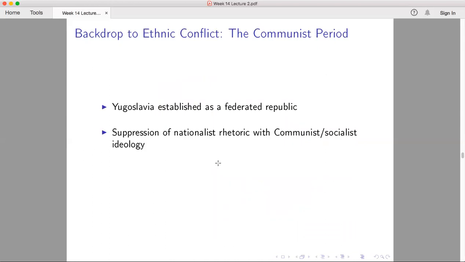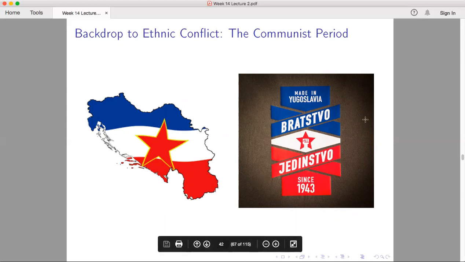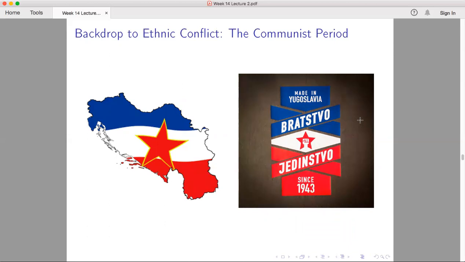He explicitly suppresses nationalist rhetoric and replaces it with a communist and socialist ideology that is meant to unite the country as one. So on the one hand, like I said, Yugoslavia then becomes one singular territory with its own symbols and nationhood, but also a slogan starts to emerge, Bratstvo i Jedinstvo, which basically translates to brotherhood and unity, right?